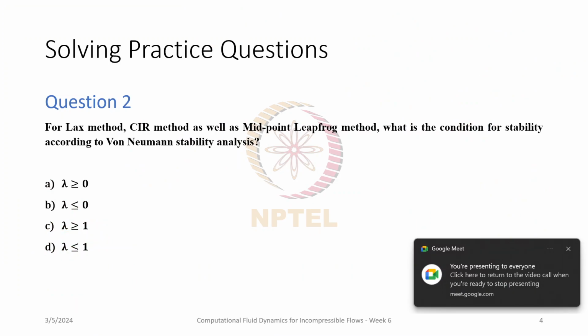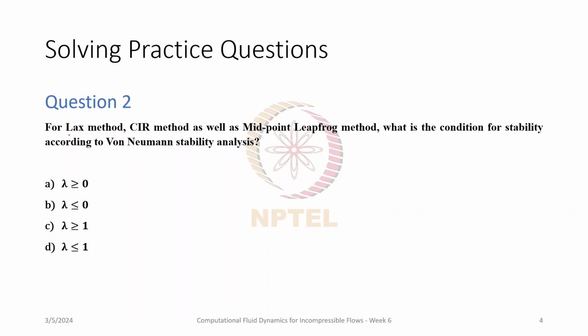This is now about three different methods. For the Lax method, the CIR method, as well as the midpoint leapfrog method, what is the condition for stability according to von Neumann stability analysis? We will learn the von Neumann stability analysis next week. It will give all the conditions for stability, or even predict methods which are unconditionally unstable or unconditionally stable.